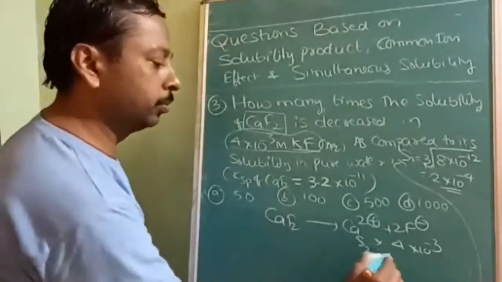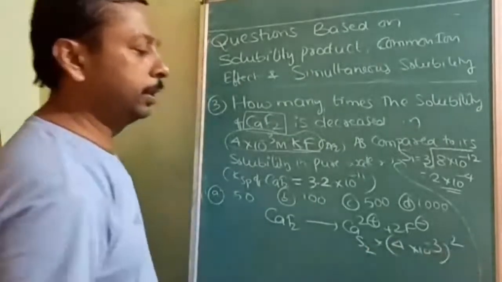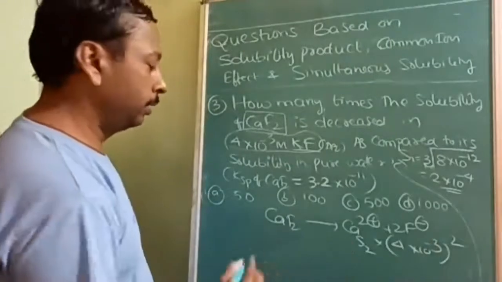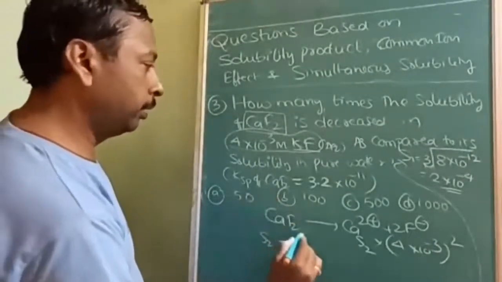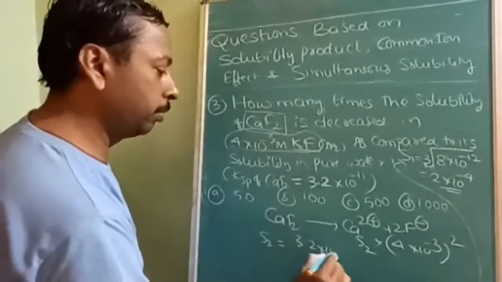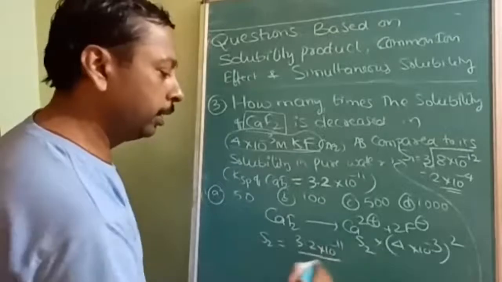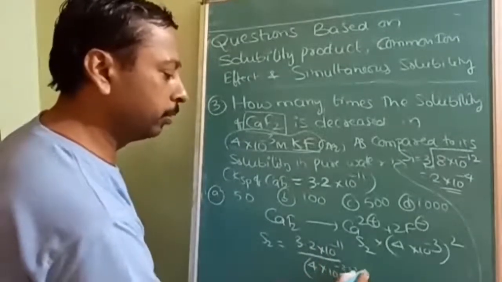This is S2, and S2 times the fluoride concentration squared gives Ksp. So S2 is equal to 3.2 into 10 to the power of minus 11 divided by 4 into 10 to the power of minus 3 whole square.